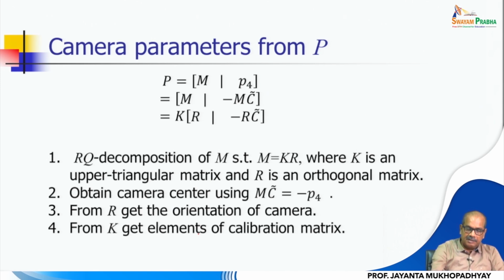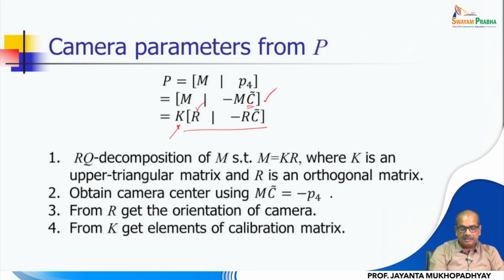For example, in this representation we can see that there is a factor of camera center. In this representation, we can see the rotation matrix is already there, and the camera calibration matrix also can be obtained. So in various ways you can do it.